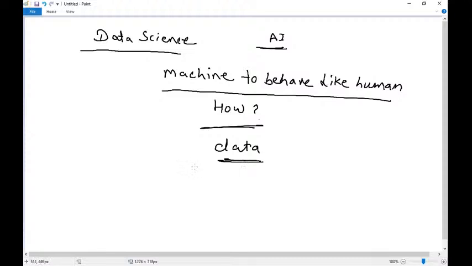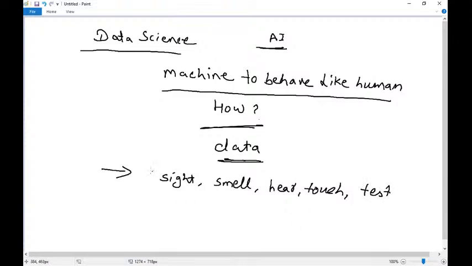When we are a small kid, we don't know anything. How are we learning the things? We are learning the things using 5 senses. We can see, we can smell, we can hear, we can touch the things, and we can taste the things.